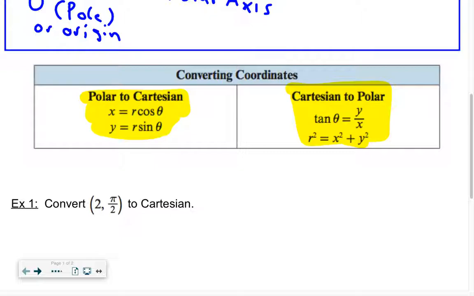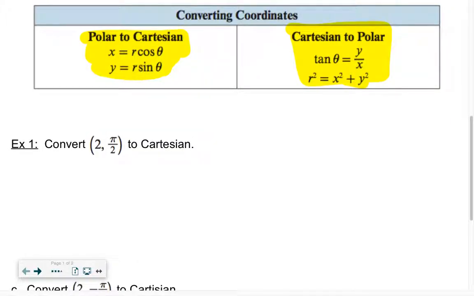I do want to provide a quick demonstration of how this works. Let's start from polar to Cartesian. Why is X equal to R times cosine of theta? This thing isn't magic. It isn't just wave your hand and there it is. There's got to be a reason behind it.